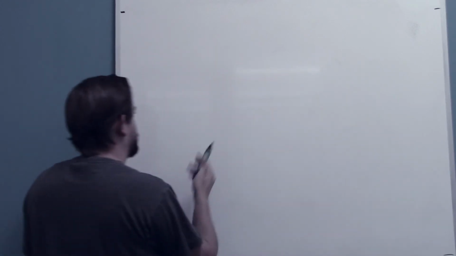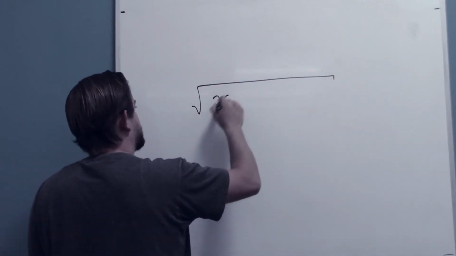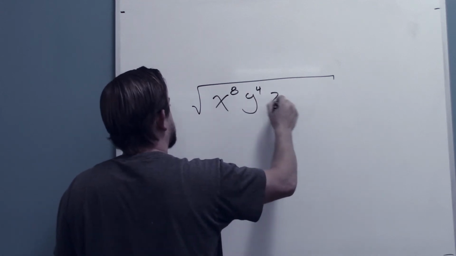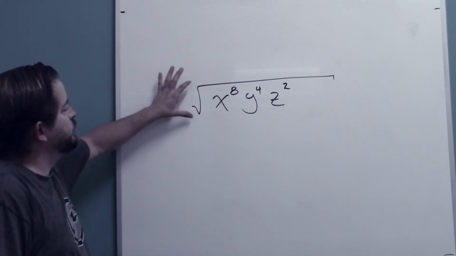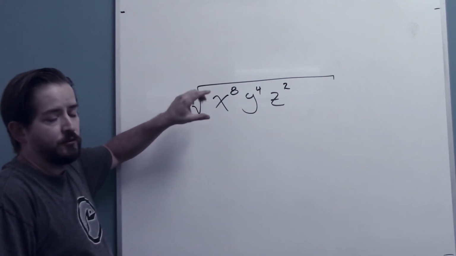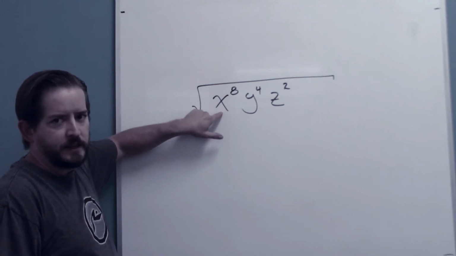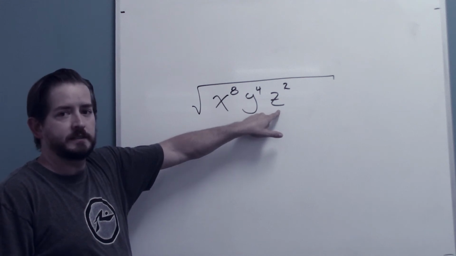Well, let's look at one more of these though. Let's say I have x to the 8th, y to the 4th, and z squared, right? Now again, this square root means that I have to have pairs, right? And so there's 4 pairs of x's, there's 2 pairs of y's, and there's 1 pair of z's, right?